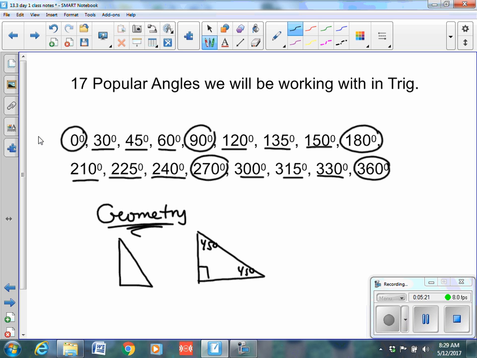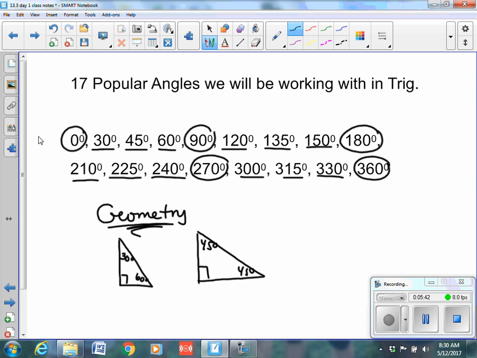You guys remember that from geometry? 45, 45, 90. And the 30, 60, 90. This is 30. This is 60. And this is 90. These two will get you these other angles. And you need to memorize these. I don't think it's too hard to memorize two triangles.